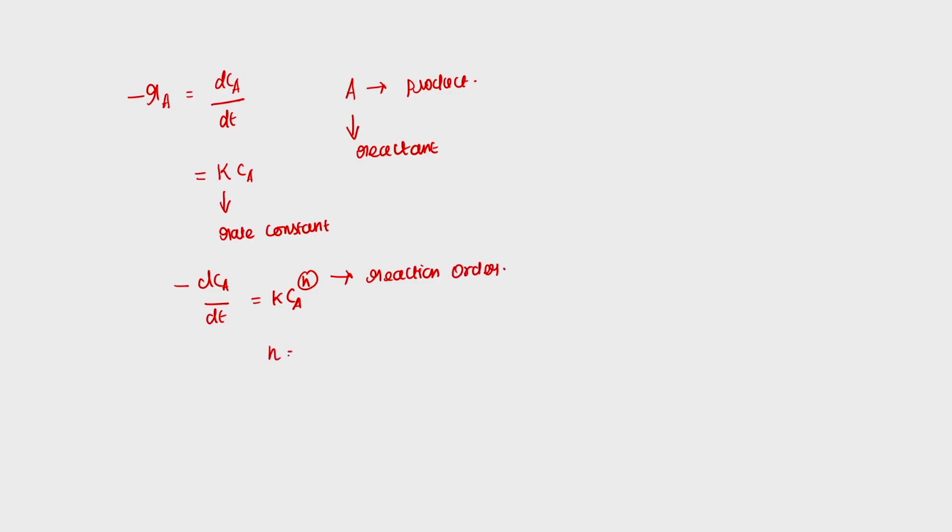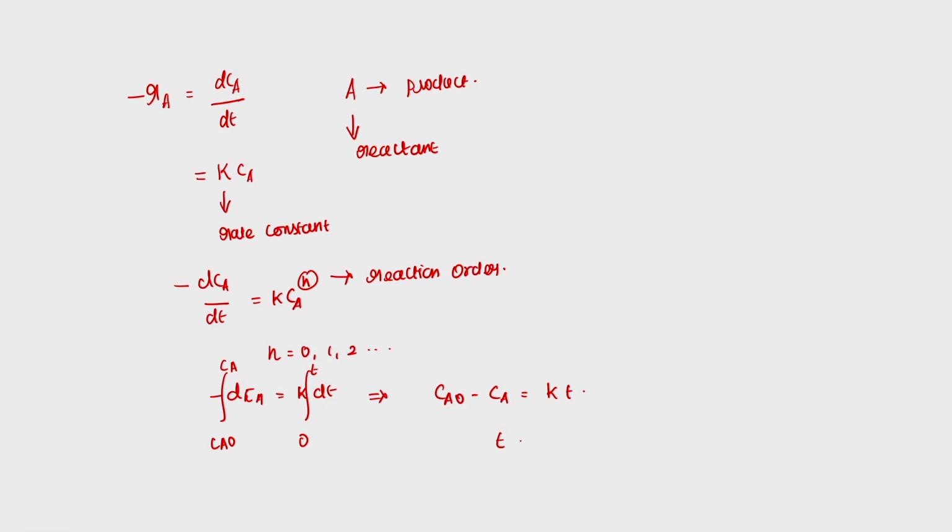We already said this can be 0th order, 1st order, 2nd order and so on. If it is a 0th order reaction, then minus dCA equals k CA power 0, which is 1, times dt. If we integrate from initial concentration CA0 to final concentration CA, and 0 to t, we end up with CA0 minus CA equals k into t.